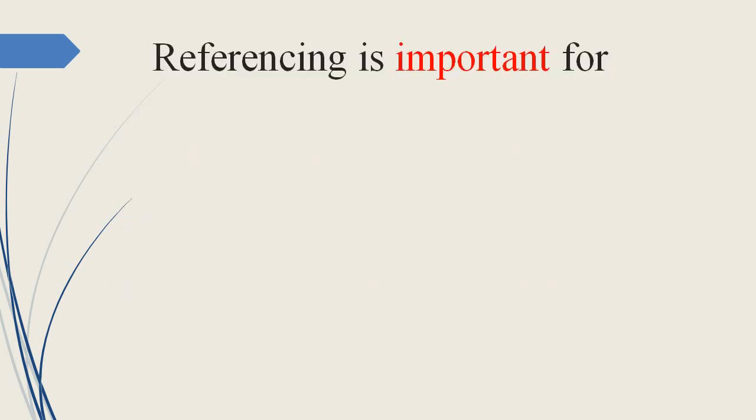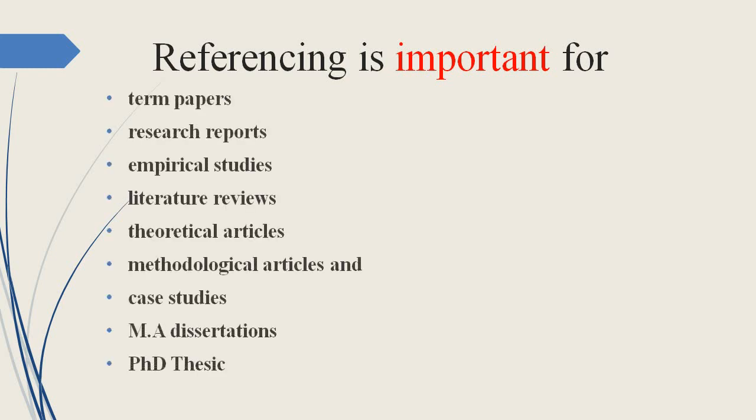Okay? Now, references are very important because of certain kinds of work that we do in academia. So what are those works? They are term papers that we write, research reports, empirical studies that we undertake, literature reviews, then theoretical articles, methodological articles, case studies, MA dissertations, and PhD dissertations and theses.